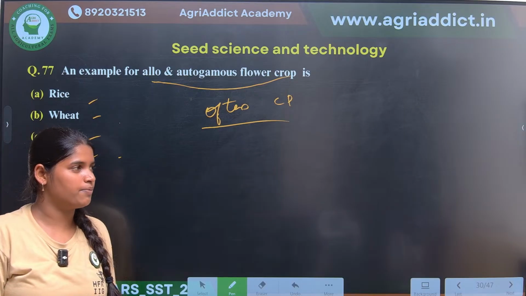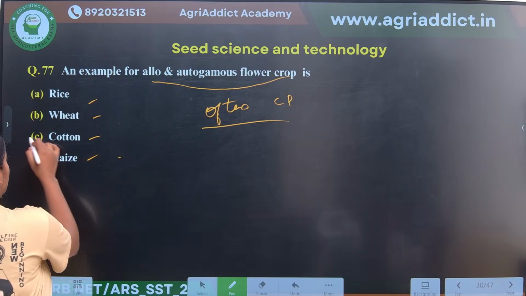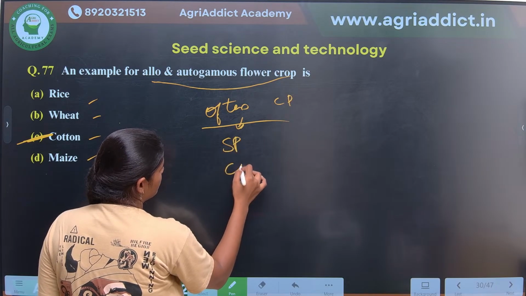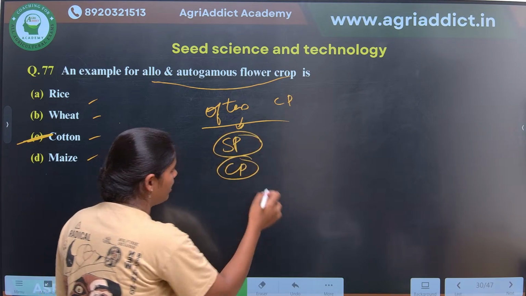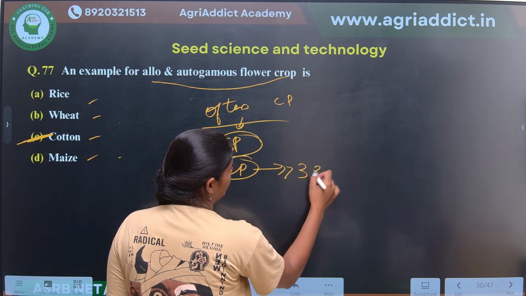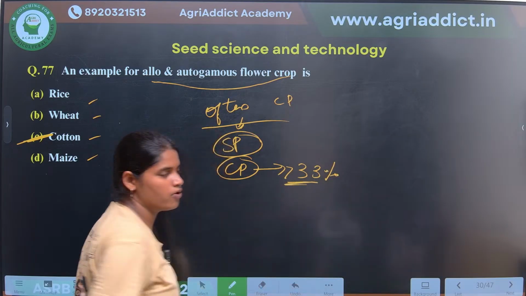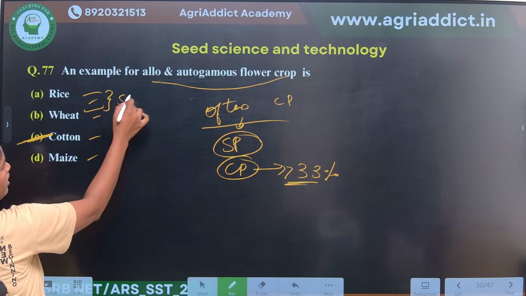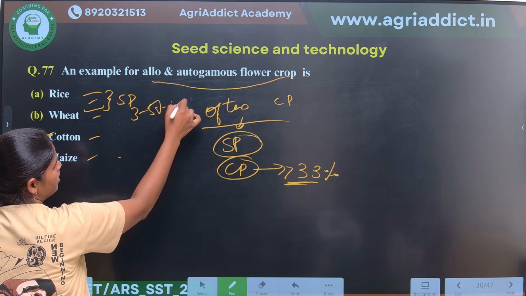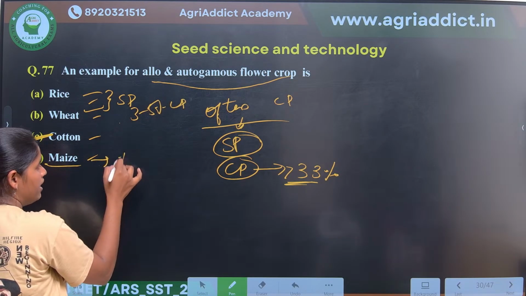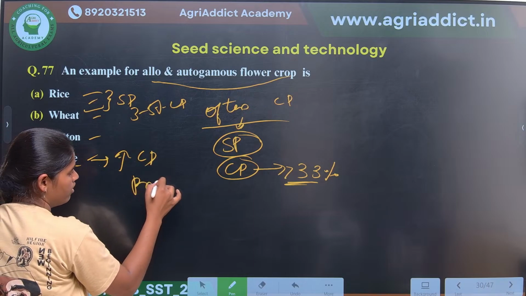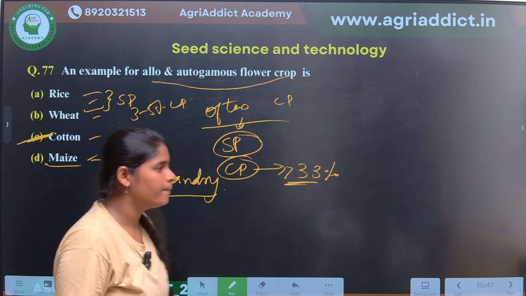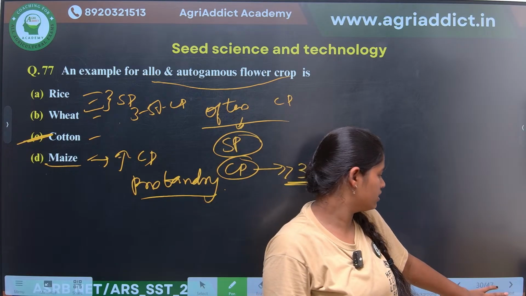Often cross-pollinated means self-pollination and cross-pollination both occur, but more than 33% cross-pollination occurs. Rice and wheat are highly self-pollinated, just 3 to 5% cross-pollination is seen. And maize is highly cross-pollinated because of protandry. Right. Cotton it is.